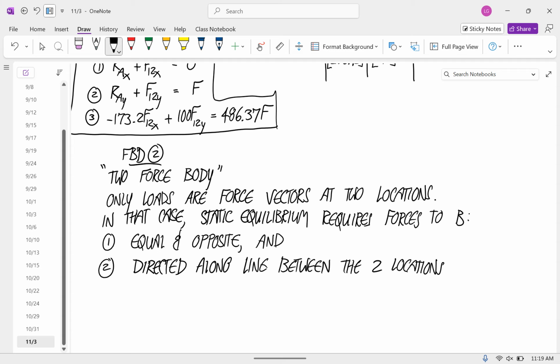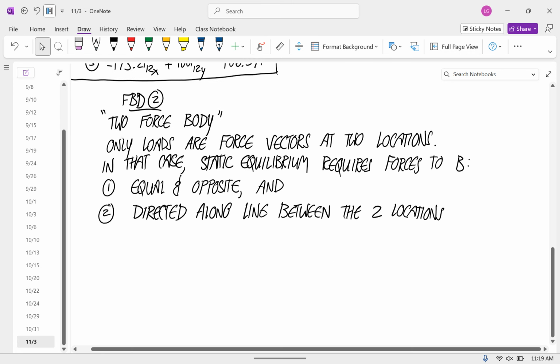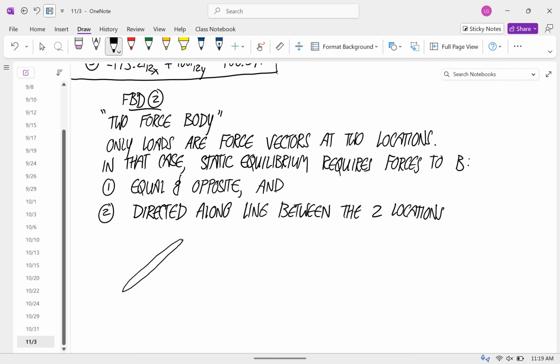So let me just point out intuitively why this is the case. Think of a two-force body.